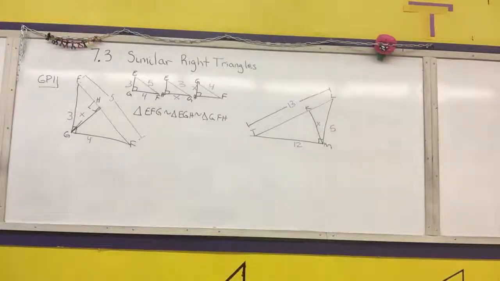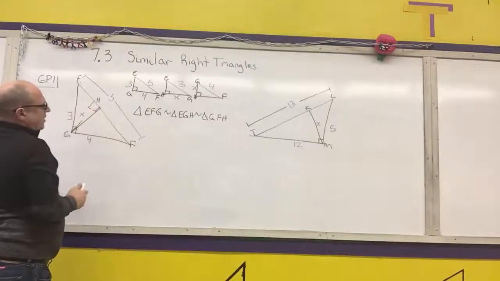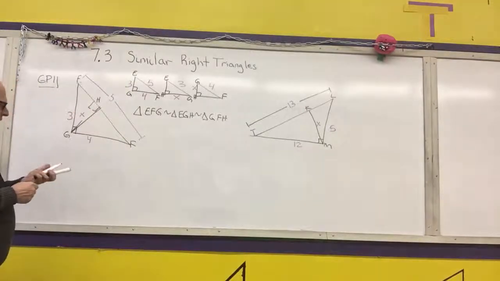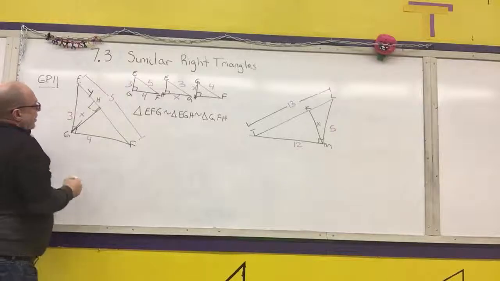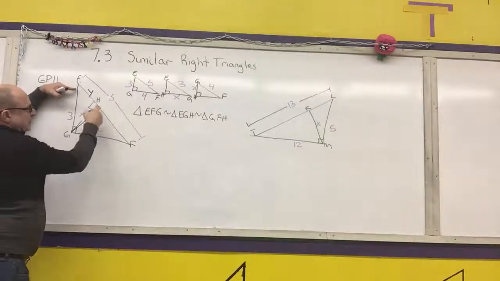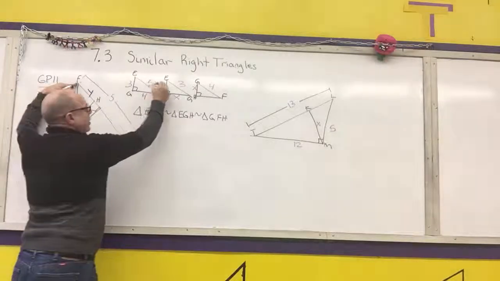The other thing I know is that EH plus FH has to equal 5. So I'm going to introduce two more variables so I can do this problem. I'm going to call this one y, so EH is y, and FH is 5 minus y.